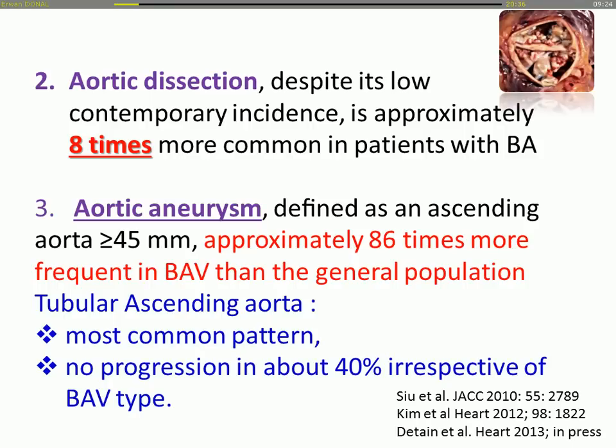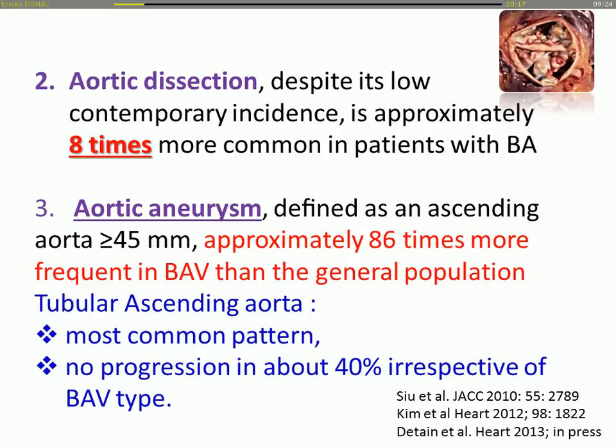But this risk is not as high as we were expecting before. We know also that the prevalence of the ascending aorta aneurysm is relatively high, but we know also that the progression of this ascending aorta aneurysm is different from one kind of bicuspid aortic valve disease to another one.